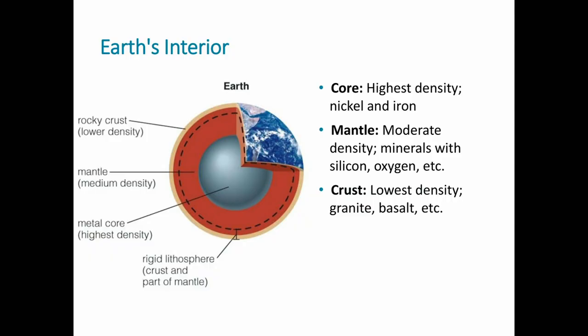That's what we're standing on. That's what all life exists on, basically, or in the ocean. And so the density is highest toward the center, and then less dense as you move out from there.